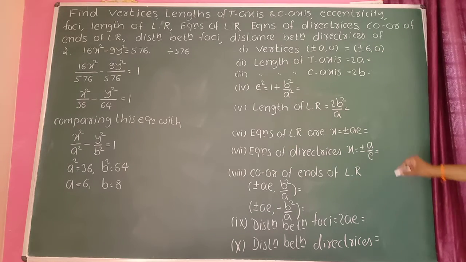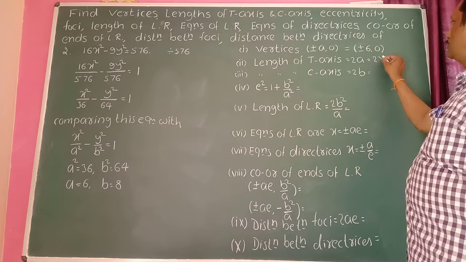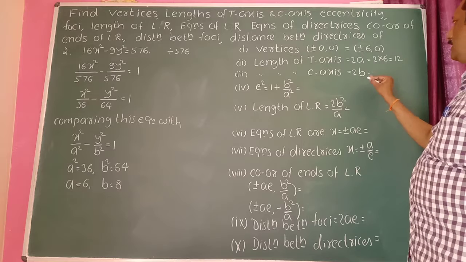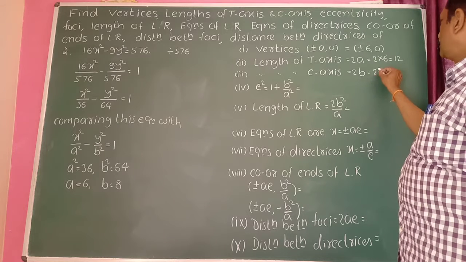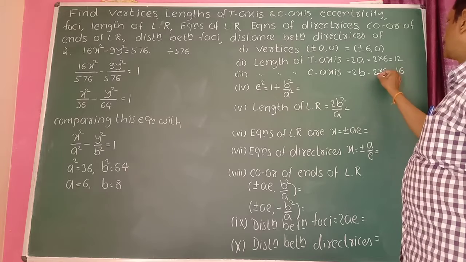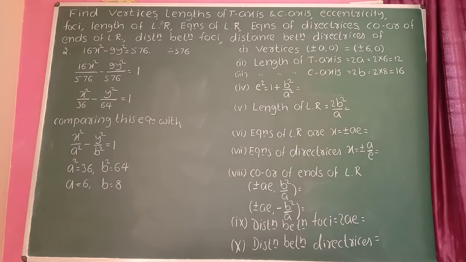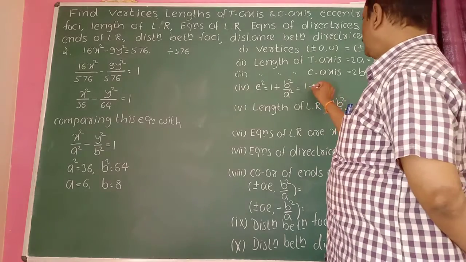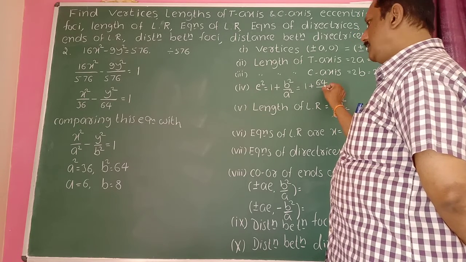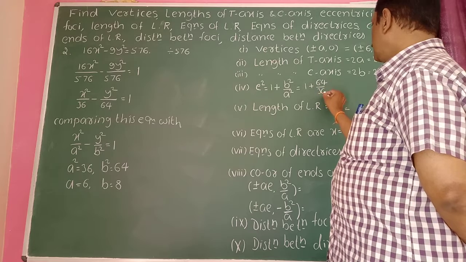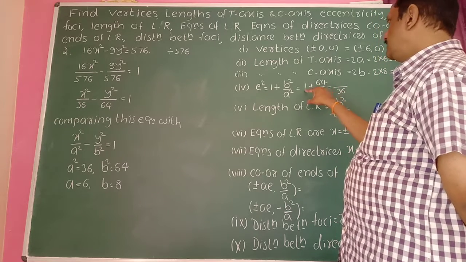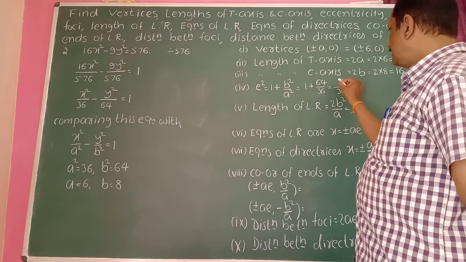The length of the transverse axis is 2 × 6 = 12, and the length of the conjugate axis is 2 × 8 = 16. And eccentricity is given by e = √(1 + 64/36). Then 36 is the LCM: 36 + 64 gives 100.